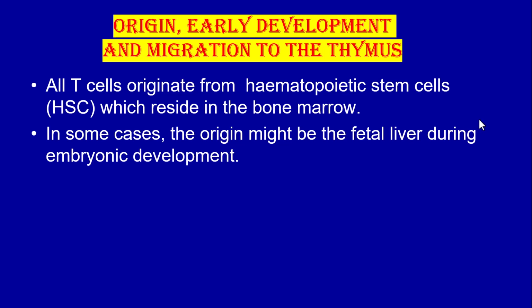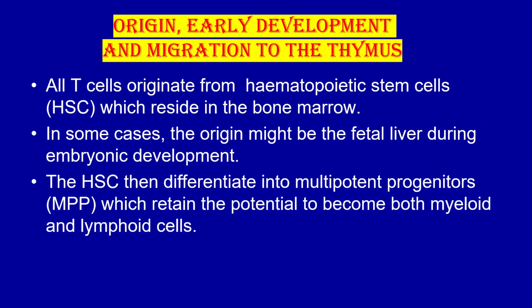These cells are also produced during fetal life from the liver, but in adults they are produced by the bone marrow. Haematopoietic stem cells then differentiate into multipotential progenitors, MPP, which retain the potential to become both myeloid and lymphoid cells.